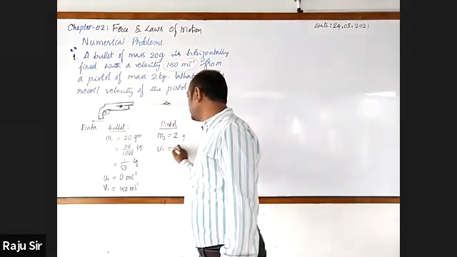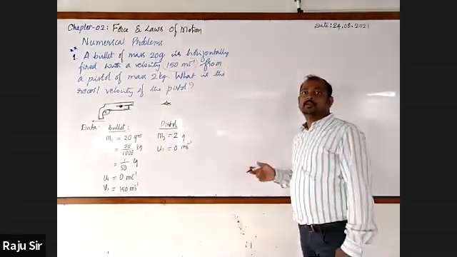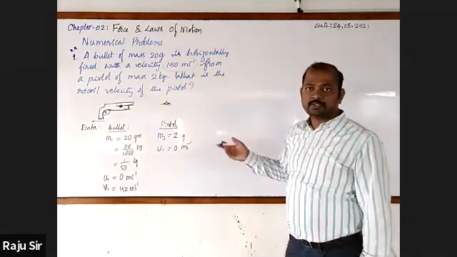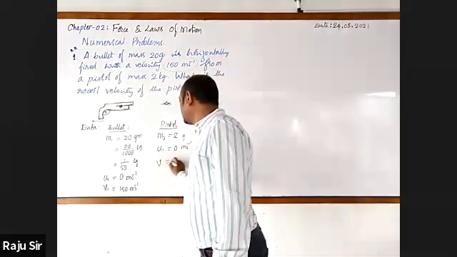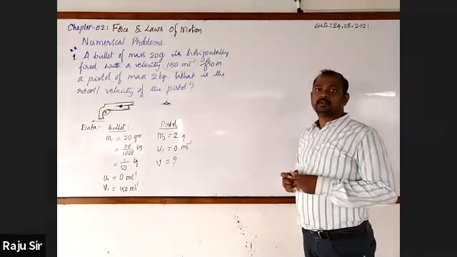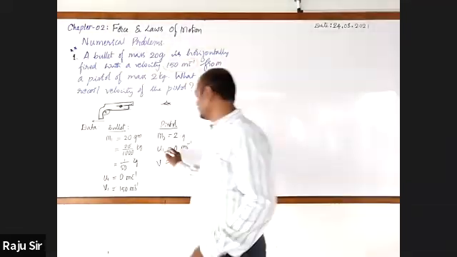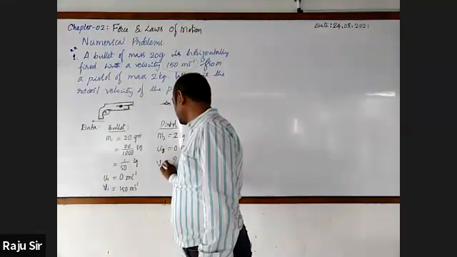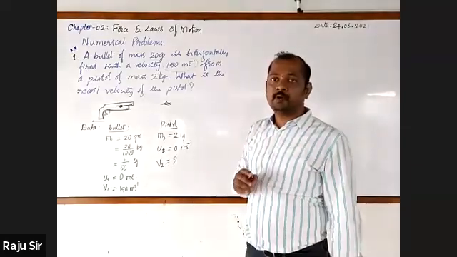What is its initial velocity? 0 meter per second. Before firing, even the pistol was at rest. Then, what is its final velocity? This only you have to find out. How do you go for finding? By using the law of conservation of momentum.